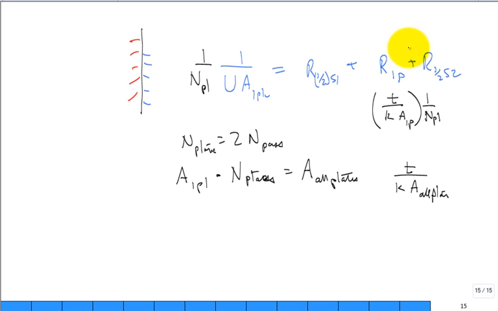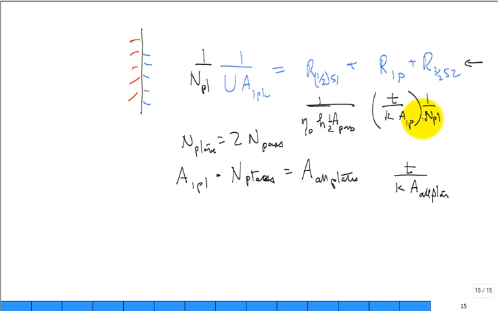So either I focus on the blue equation, which is the 1/24th section, or I do that. Let me do this. I have 1 over the overall effectiveness for that side times the convection coefficient for that side times the area for that side, which was 1/2 of the area of a passageway.